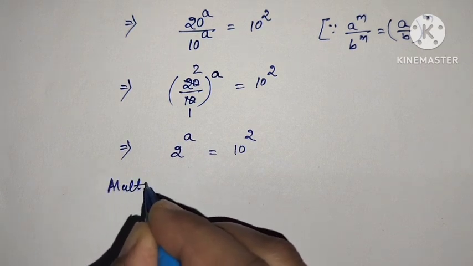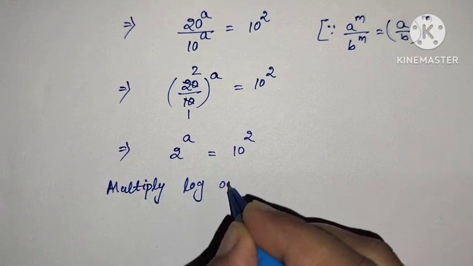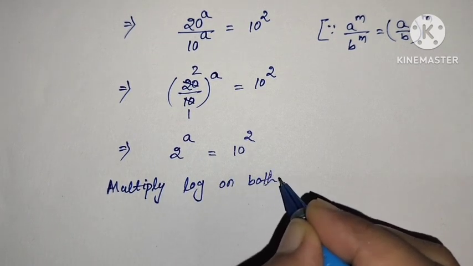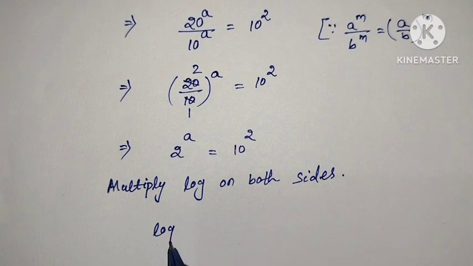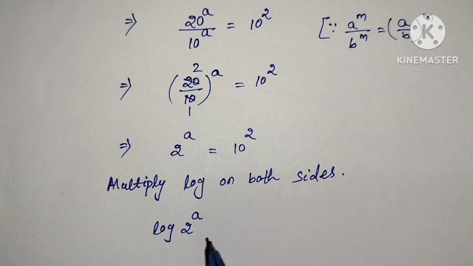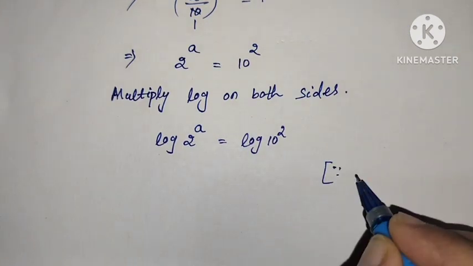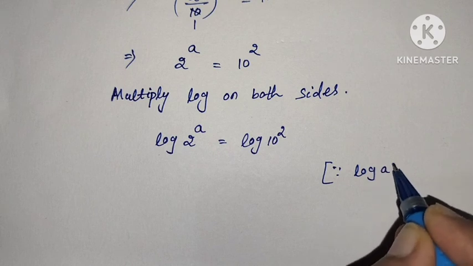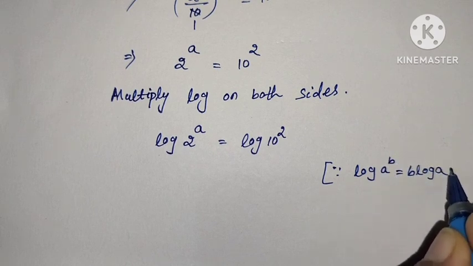Take log on both sides. Log 2 to the power a is equal to log 10 to the power 2. Yes, we know log a to the power b is equal to b log a.